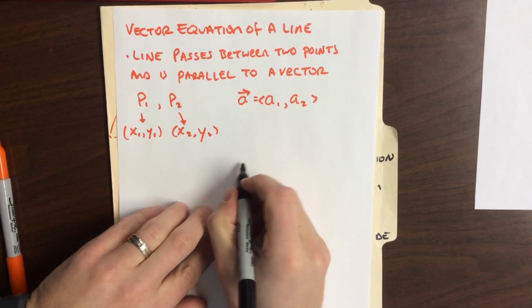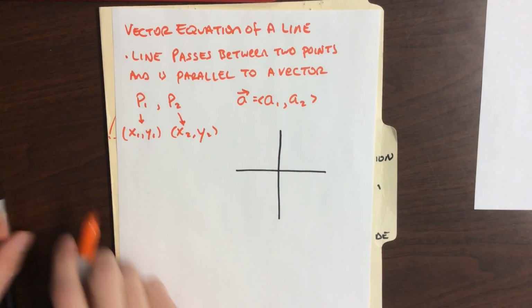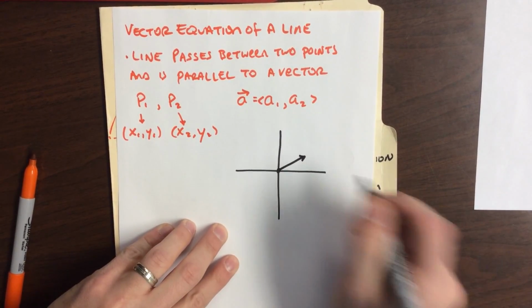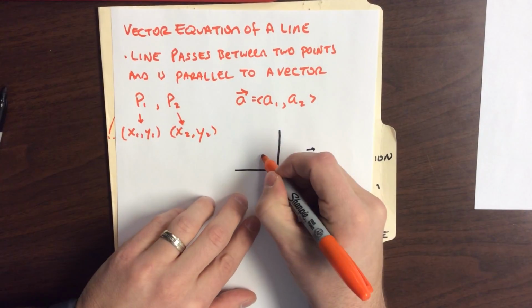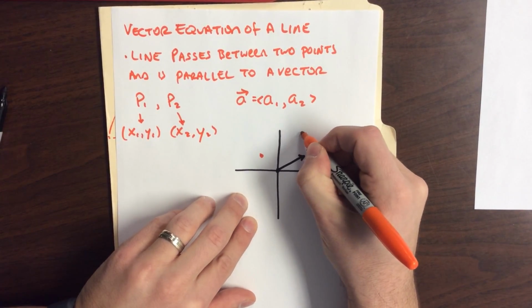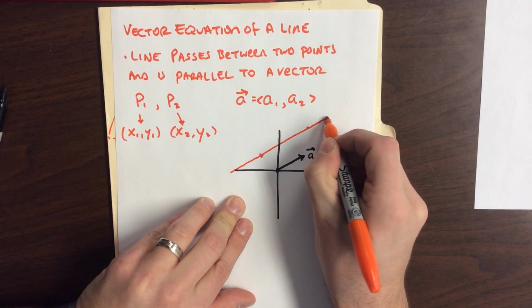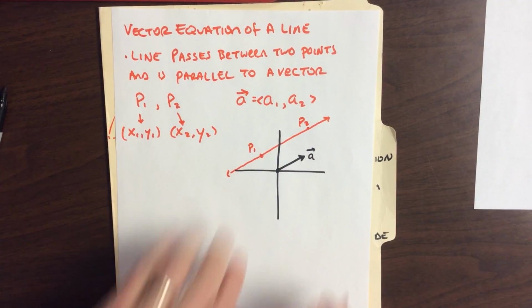So we've got a vector. There's P1, there's P2.